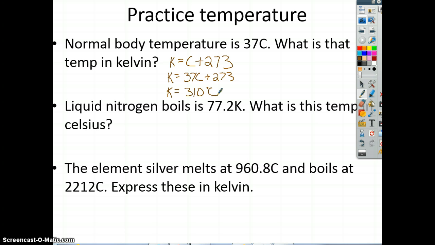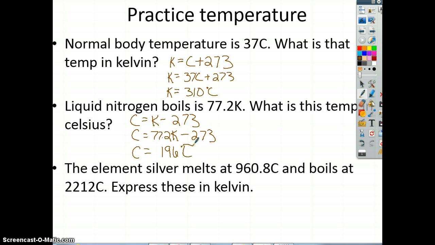Okay, the second problem, we're trying to find Celsius, so we have to write in our formula. Celsius is equal to 77.2 K minus 273. And if you notice, we have 7, 7, and a 2. Those are all significant, so we need 3 significant digits. Oops, funny C. That should be Celsius.